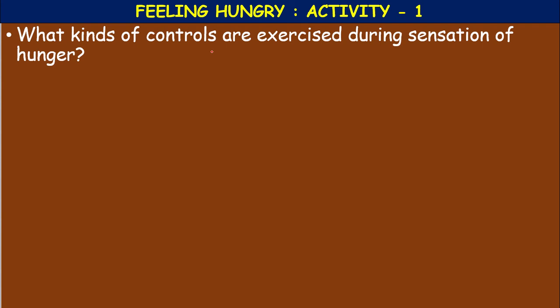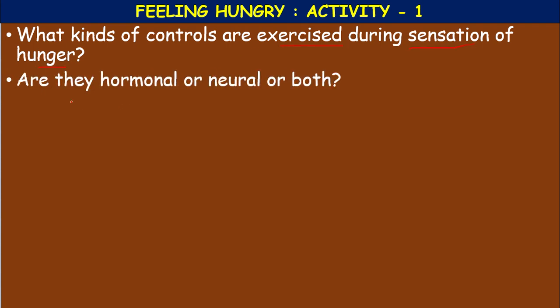So, what kinds of controls are exercised during the sensation of hunger? Are they hormonal or neural or both? Okay. So, hormonal, the ghrelin hormone, and neuronal, the vagus nerve, that is the 10th cranial nerve, is also involved. So, both.